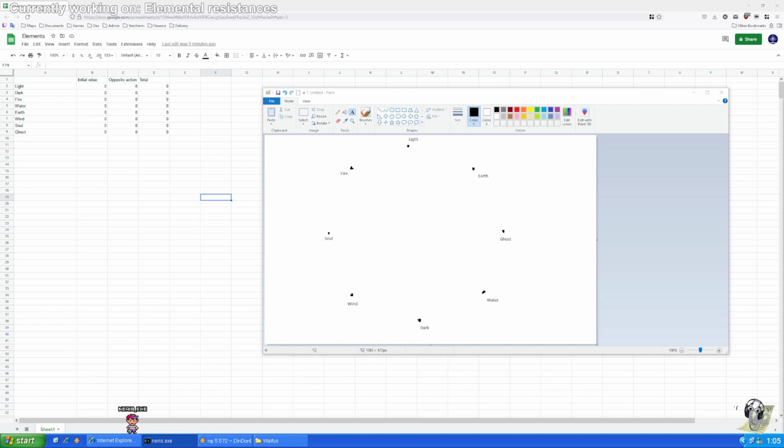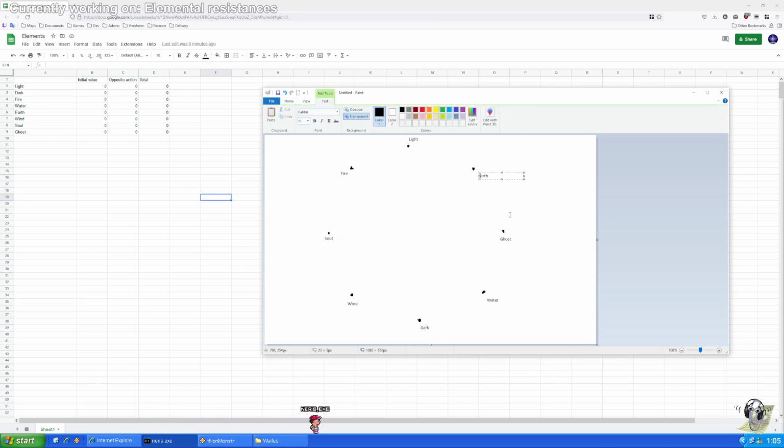So what they would change is, for example, soul should be close to earth. So if I flip these two together, between each other. So earth, soul, soul and water, earth and water, then ghost, fire, wind.